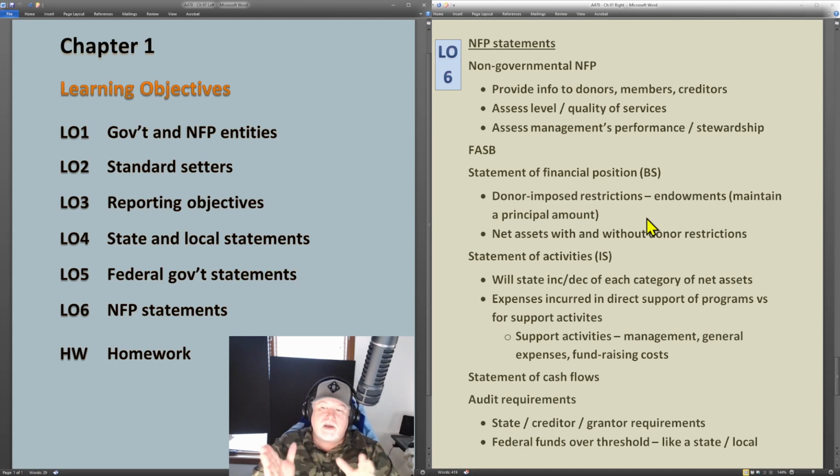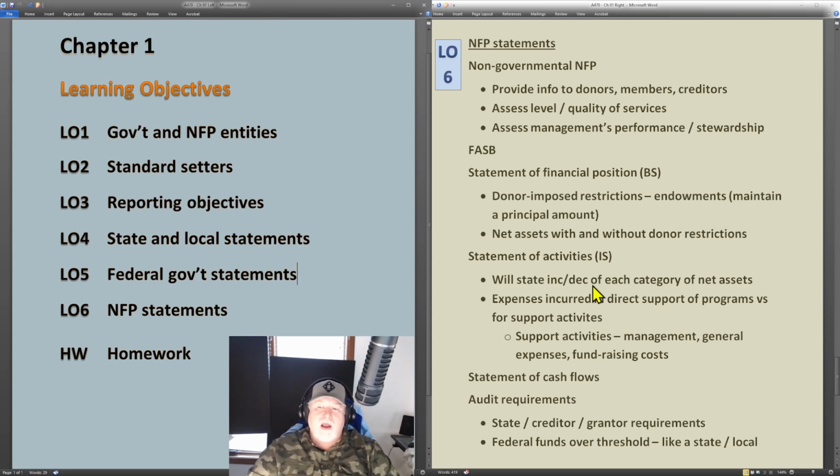So there's going to be two sets of categories under the statement of financial position. There's going to be those net assets that have restrictions and those net assets that are without donor restrictions. And those will be tracked separately. Not only are they tracked separately in the statement of financial position, the statement of activities will also show the increase and decrease for each of those two categories of net assets, the net assets with restrictions and the net assets without restrictions.